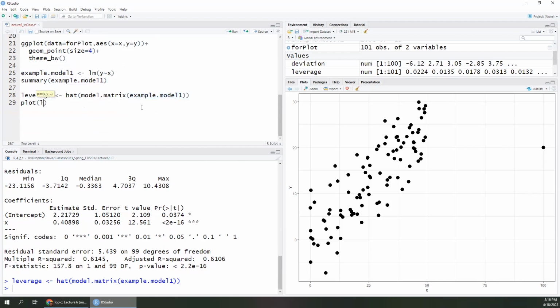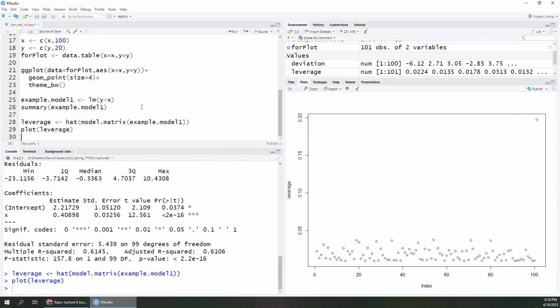And I can actually plot that, and we can see what that looks like here. What you can see is that for every single point, there is some leverage value. And we can see that there is one up here that stands out quite a bit. That leverage value is indeed the one outlier that we artificially introduced into the data.